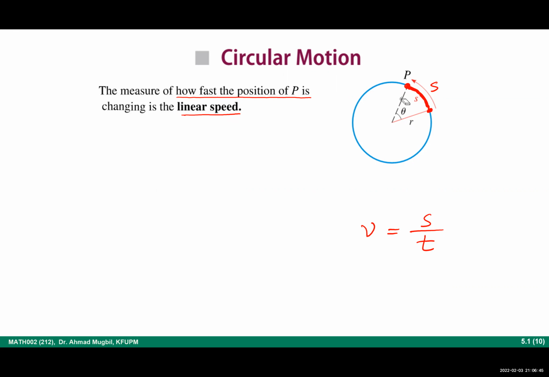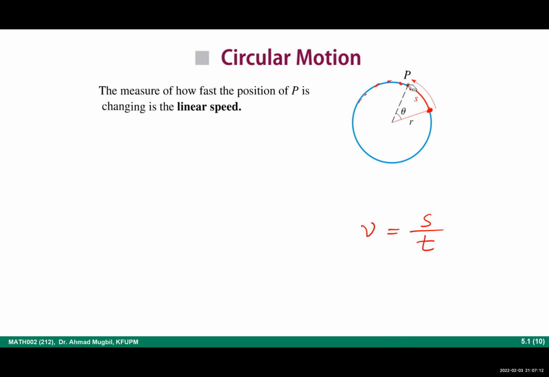But what is the main difference between circular motion and linear motion? In circular motion, not only the position, not only the distance traveled, will change. There is something else that also changes with time. What is it? If you look at it, theta here is not the same as theta here, is not the same as theta here.